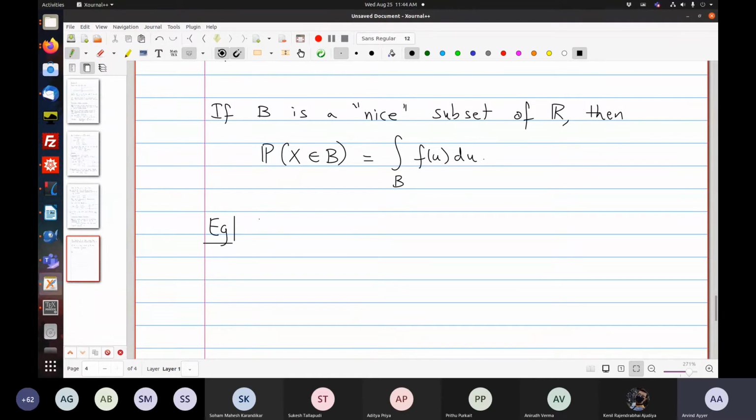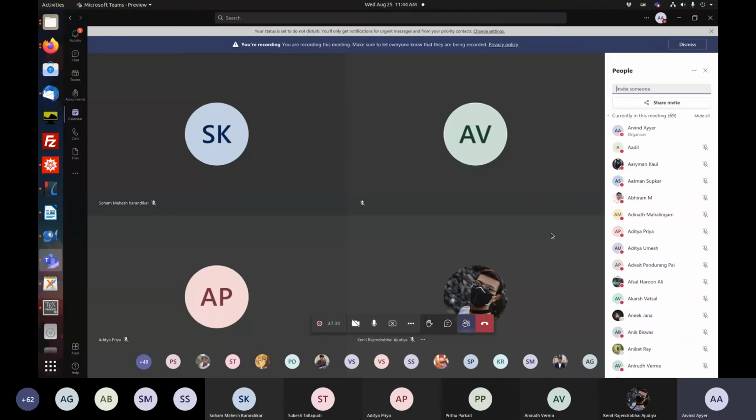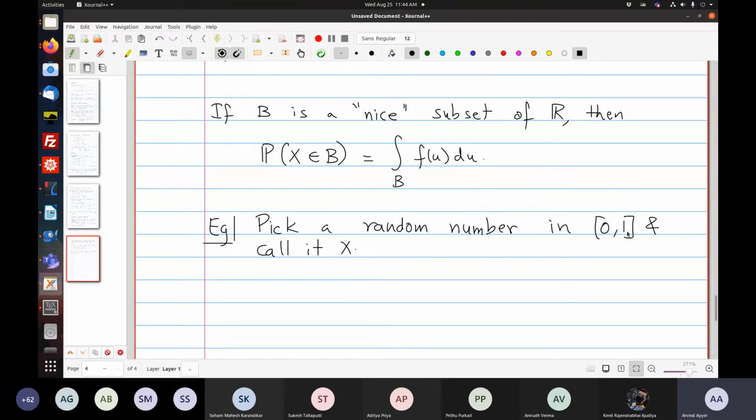So I ask you to pick a random number in [0, 1], and let me call it X. Clearly X has uncountably many points in its domain, right? X takes values in all of the closed interval [0, 1].